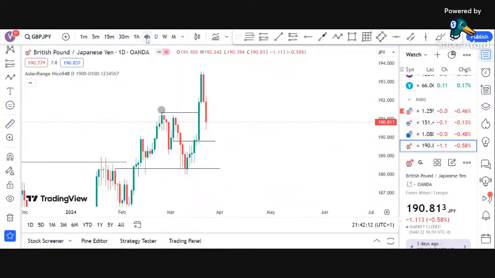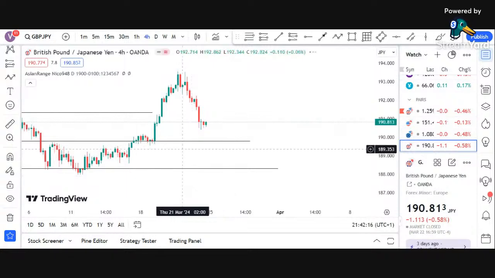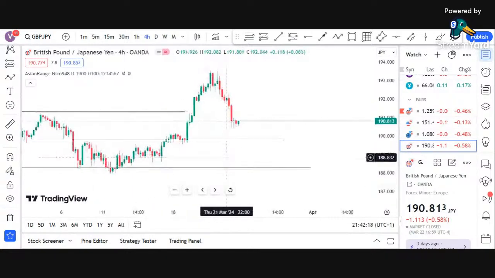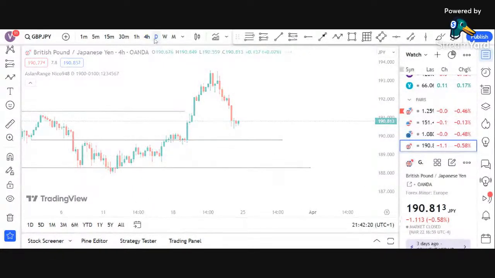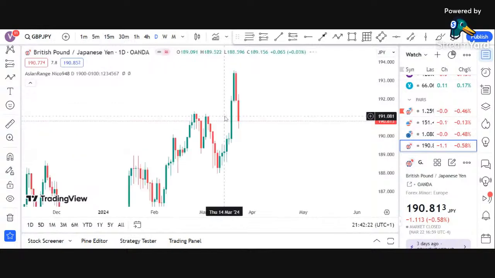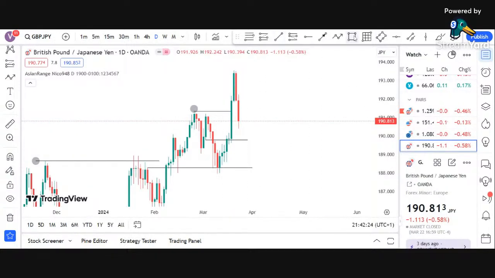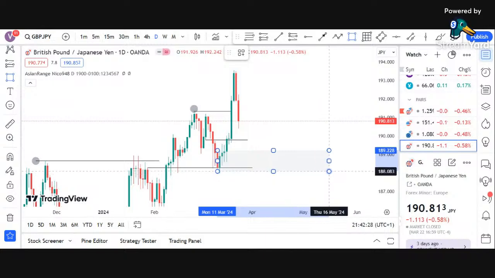So let's go to the 4 hour time frame to see. Although you could just mark your order block. Let me mark my order block for the daily time frame, right? So this is it.